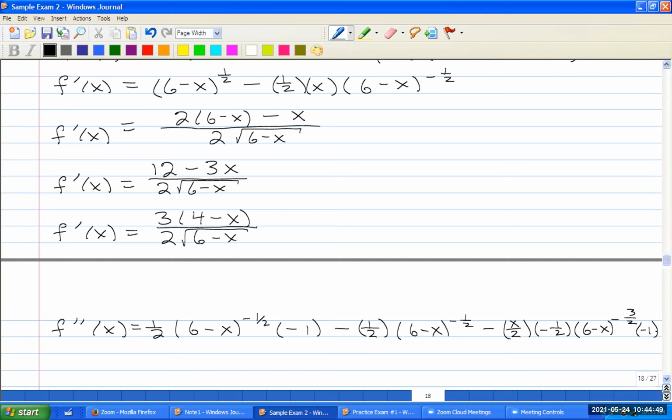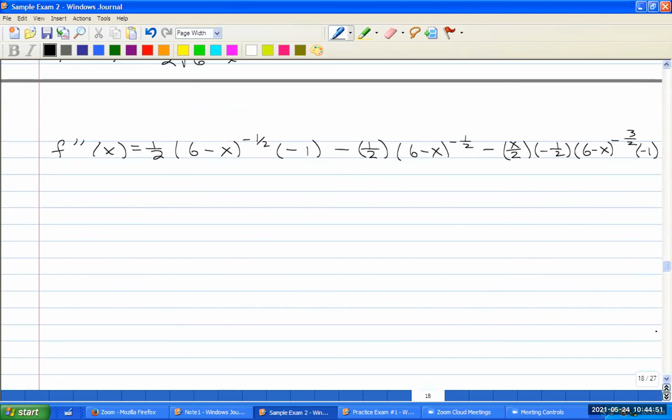So this is equal to negative 1/2 times 6 minus x to the negative 1/2. There are minus 1/2. Oh, there's another minus 1/2. So you have a minus 1/2 minus a 1/2 gives you just minus one of these.